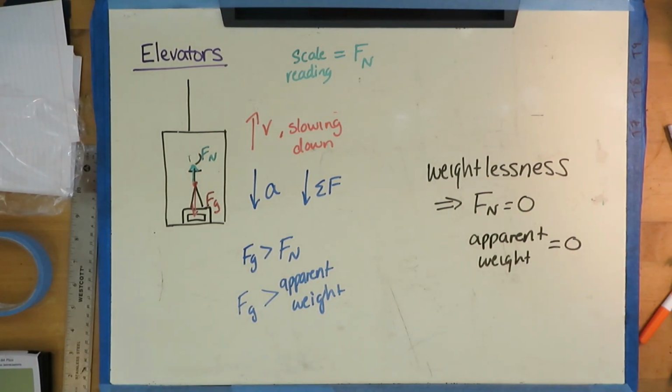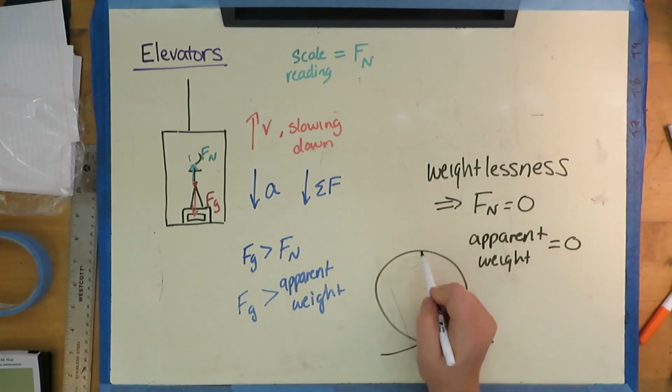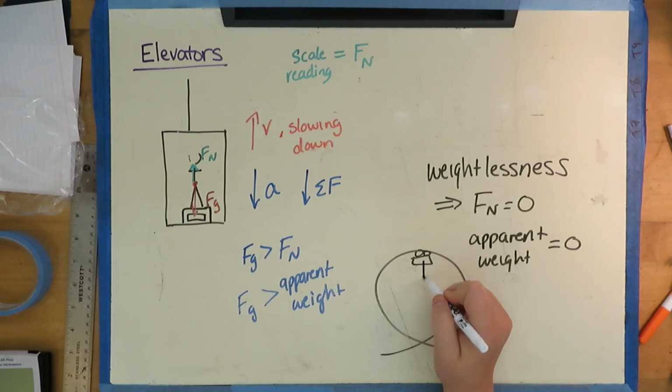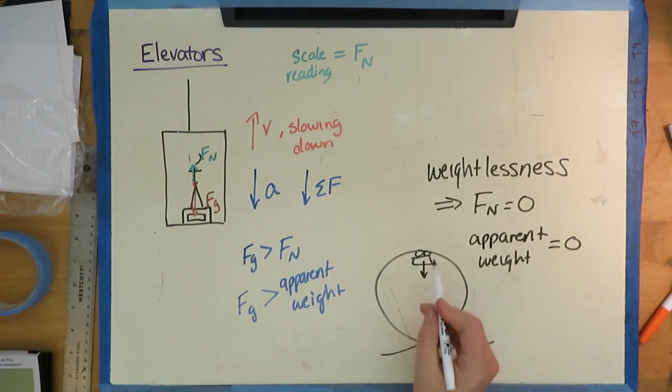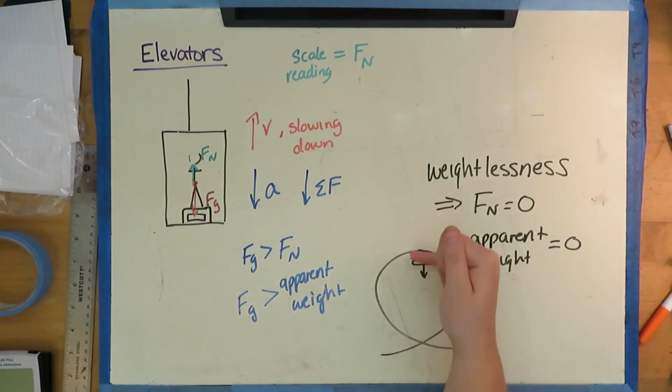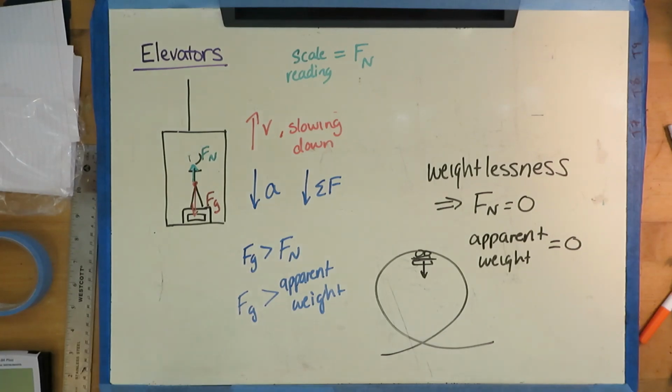So if you've ever been on a roller coaster and you feel weightless, it usually is going to happen somewhere like on the top of an inside loop, where basically it feels like you're falling out from the cart because you're losing contact with the seat. So it feels like you're weightless. You're not actually weightless. Your weight hasn't changed. Your mass times the acceleration due to gravity is still going to be a constant in those situations.